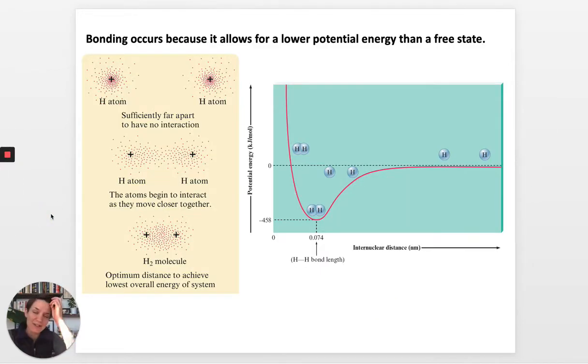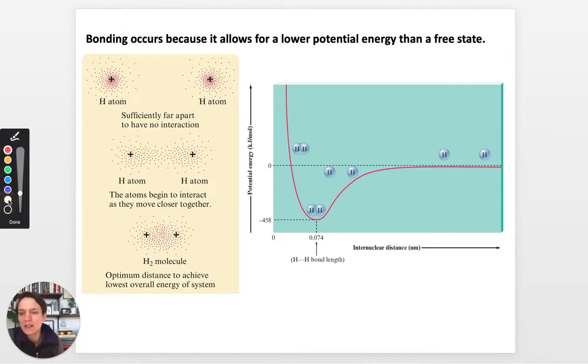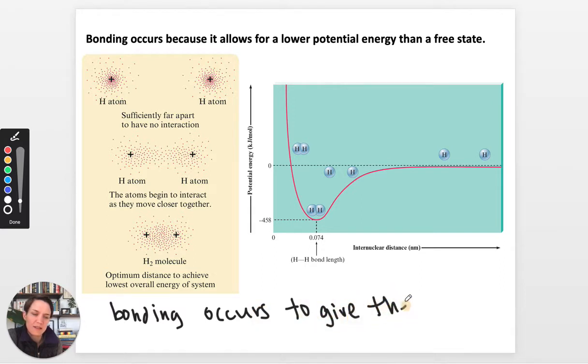Spoiler alert. Okay, so why do bonds form anyway, right? We've been talking about them all semester, and so you should already have some idea why that happens. But the driving force for bonding to occur is that it's going to give the system lower potential energy.